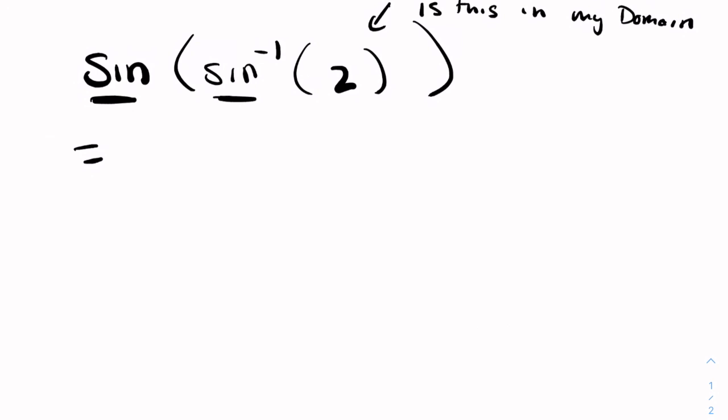If it is, then these two should just undo each other and our value would be 2. So this is in essence saying, at what angle do you get a y value of 2? And we know from the unit circle that the y values are only negative 1 to positive 1. So this is an undefined function.